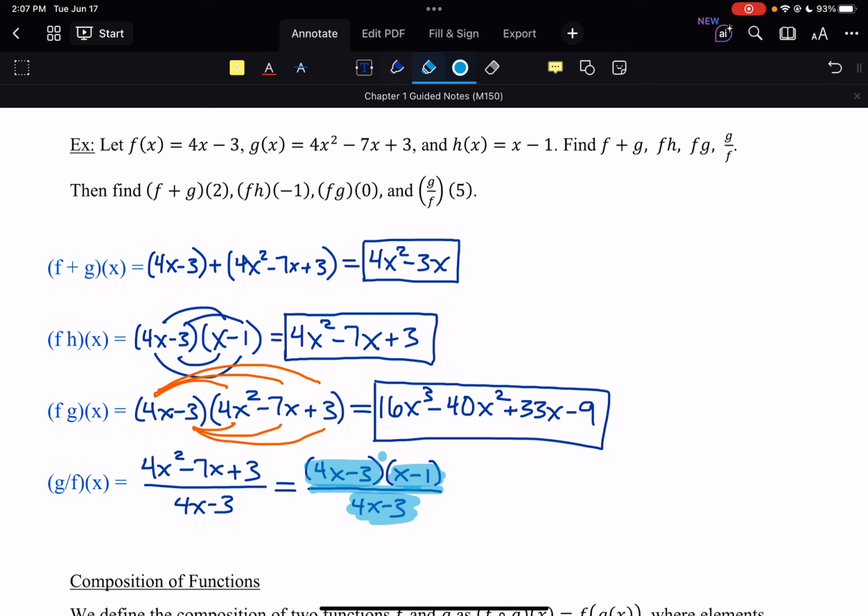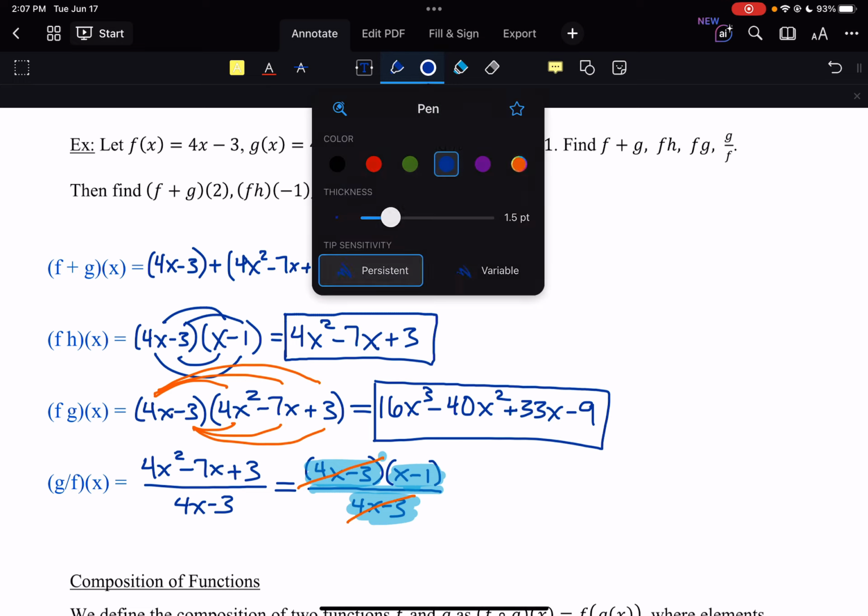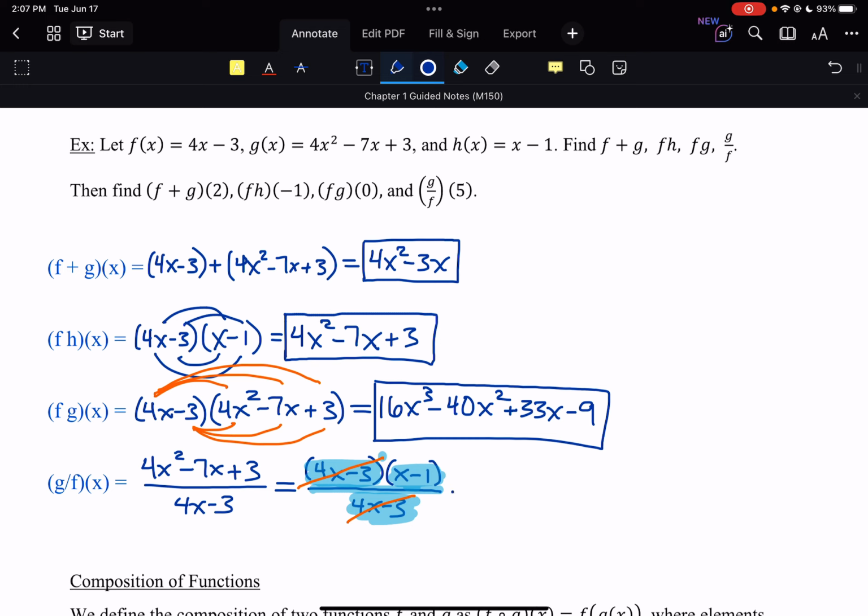So we can cancel this entire expression with this entire expression, because this is a multiplication problem, not an addition and subtraction one anymore. So all we are left with is x minus 1. That's our fully simplified version.